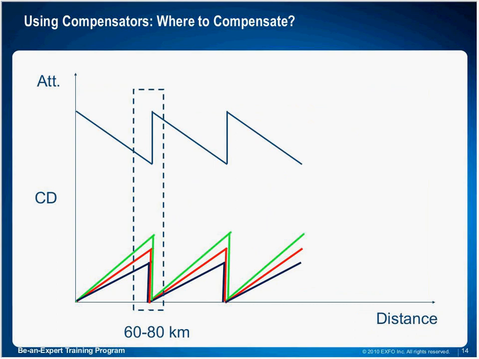Looking at standard telecom fiber, which is accumulating roughly 17 picoseconds per nanometer of chromatic dispersion along the way, we're looking at roughly the 60 to 80 kilometer range as where we would want to target using one of these dispersion compensating elements to bring back your chromatic dispersion to a level from which you can continue sending your signal through the fiber, and that by the time it gets to the end location, there's still a relatively low amount of dispersion to tolerate your transmission speeds.